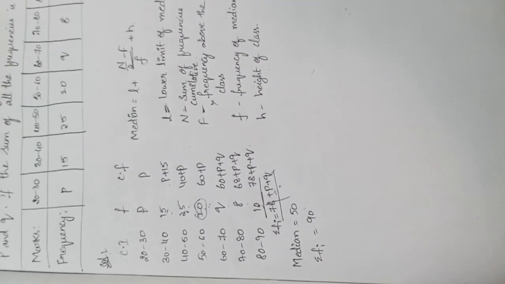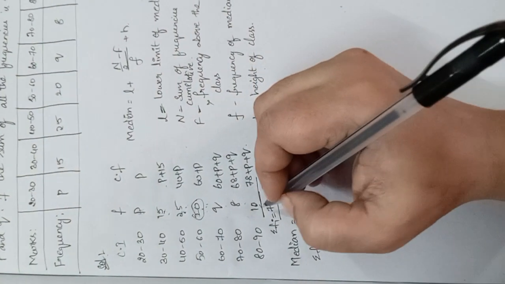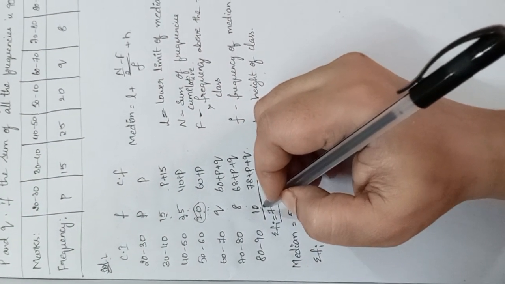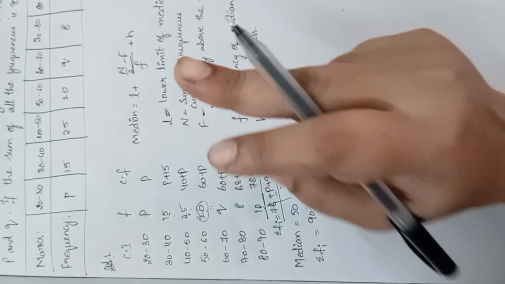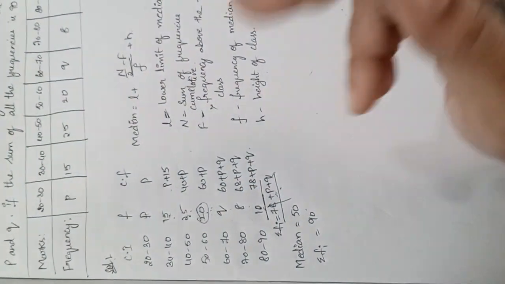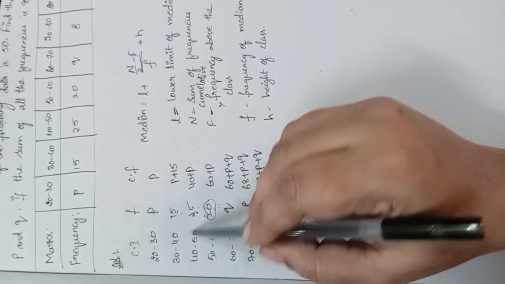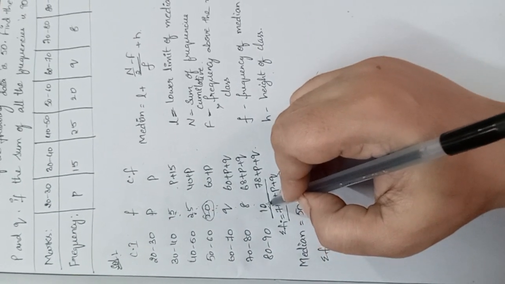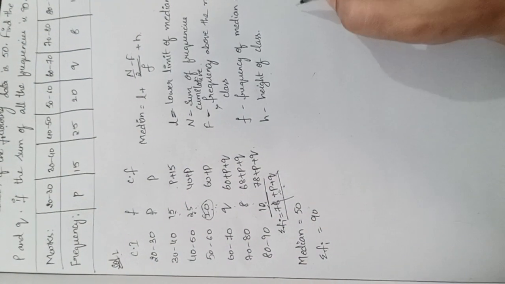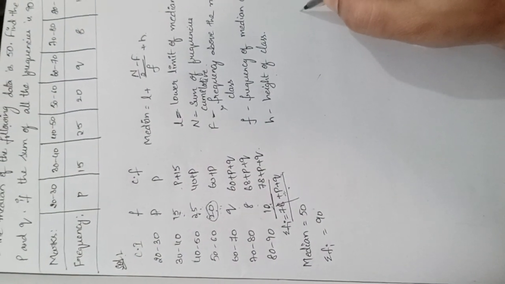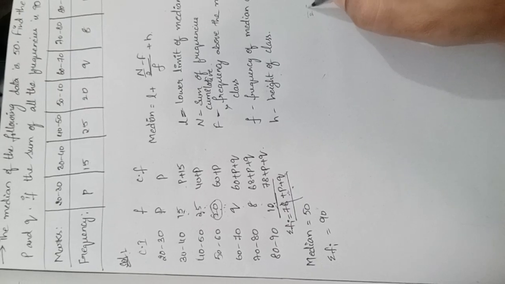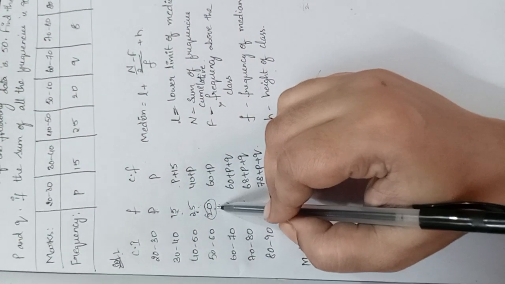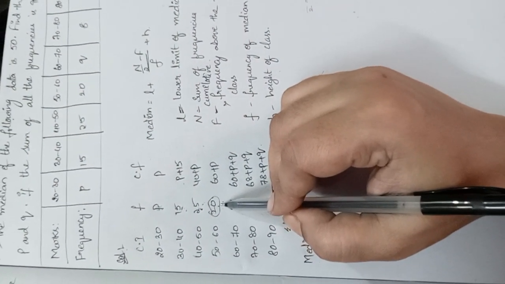If the number of frequencies is an even number, we will get 2 median classes, so we can divide them by 2 and take based on the class interval height. But here we got an odd number of frequencies. So for an odd number, we add the number of frequencies plus 1, and then divide by 2, and whatever number we get will be the middle number, the median class.